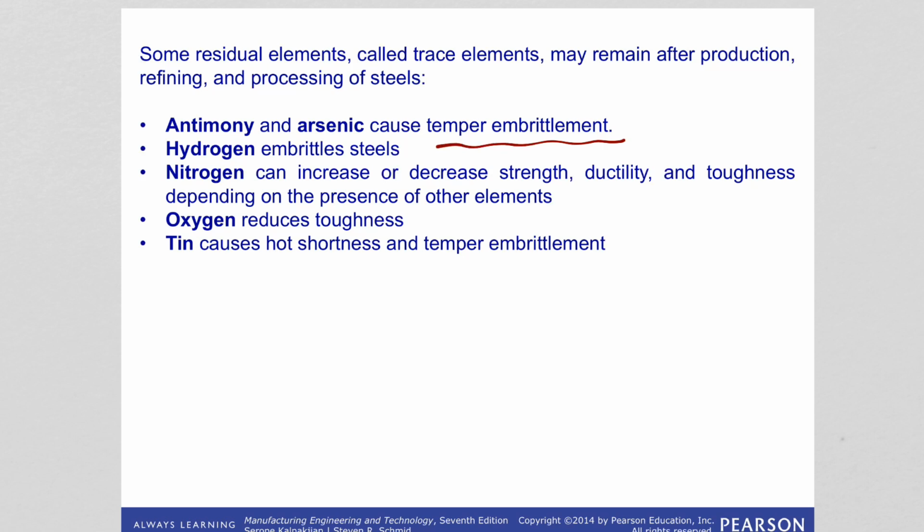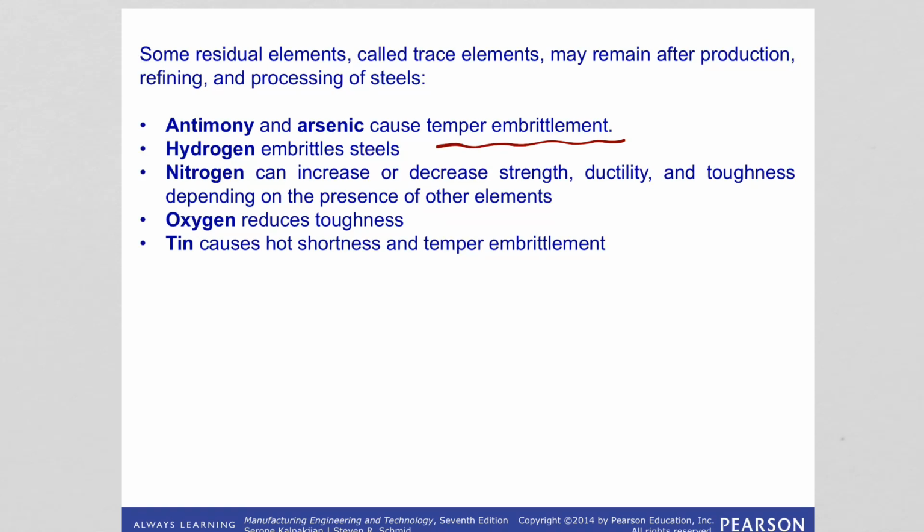That's why it's called temper embrittlement. And what it does is, this movement of the impurities to grain boundaries decreases toughness and increases the ductile-brittle transition temperature. Of course, this makes the material brittle at higher temperatures, basically.